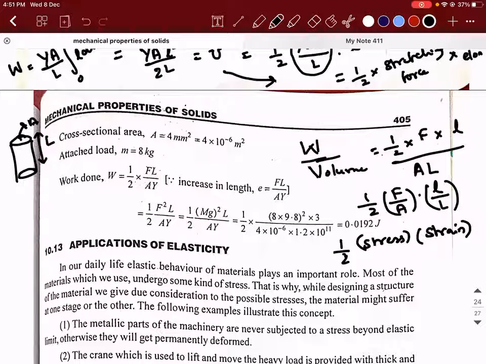So half into stress into strain is what we can call as the amount of work done per unit volume. Am I clear, guys?